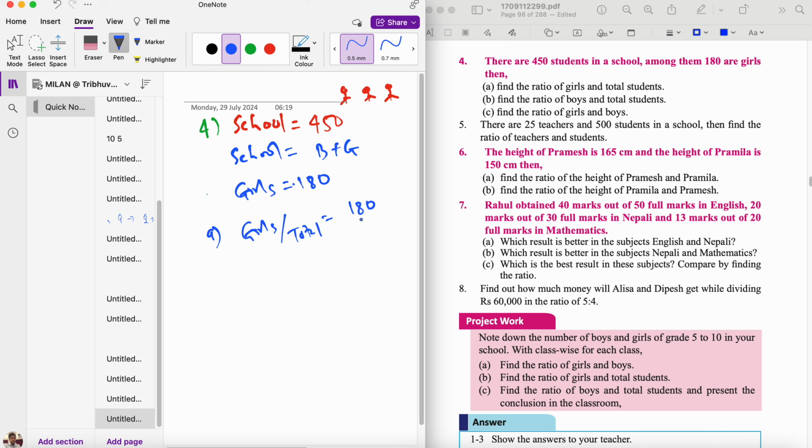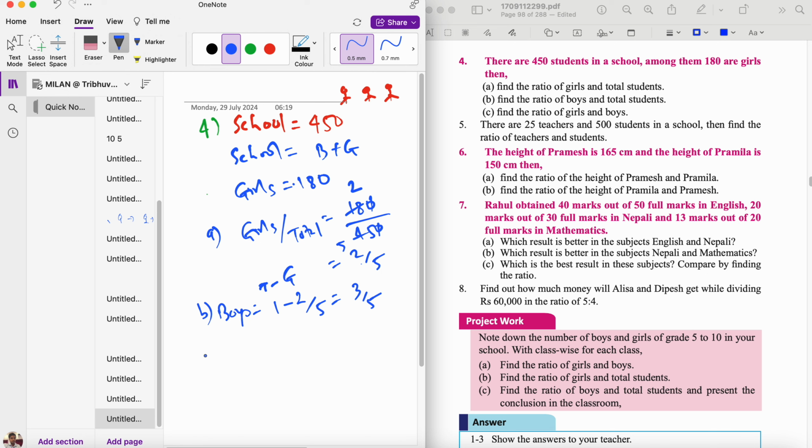Girls are 180, total is 450. Cut the zero, 9, 2, 9, 5, so 2 by 5. If girls are 2 by 5, then boys will always be 1 minus the fraction, the remaining, total minus girls, which is 3 by 5.